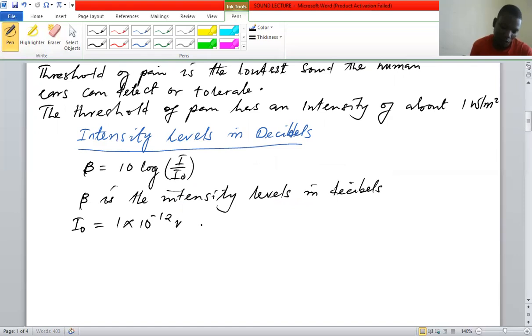You can be asked to find either the intensity or the intensity level, but for the threshold of hearing, it's already given as 1 by 10 to the power negative 12 watts per square meter.